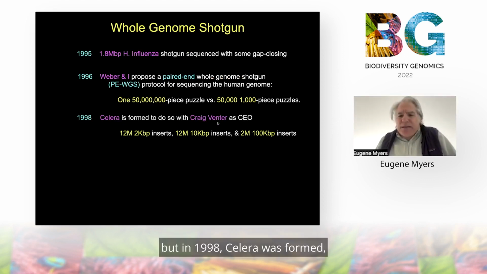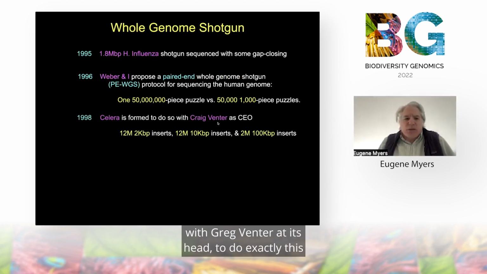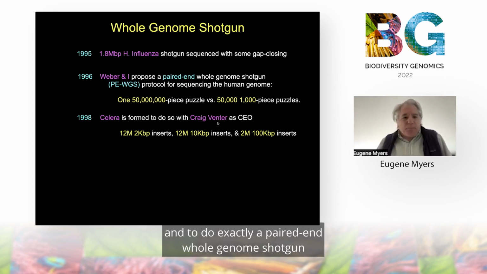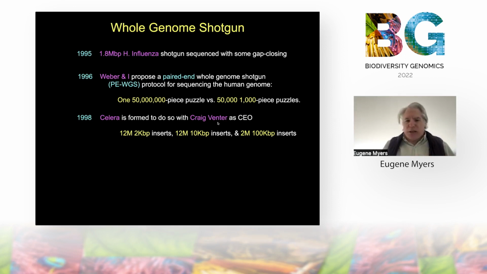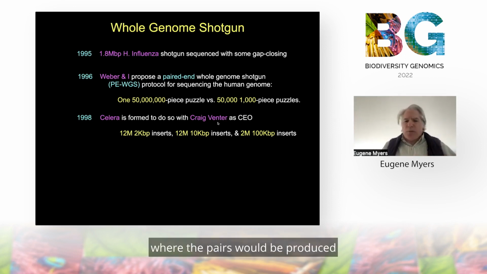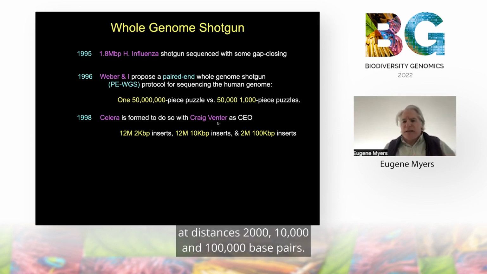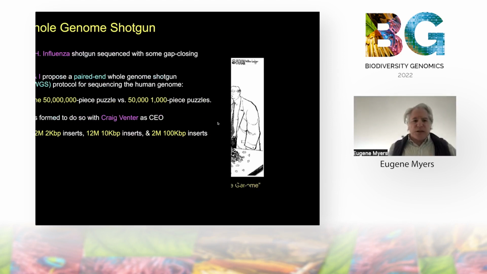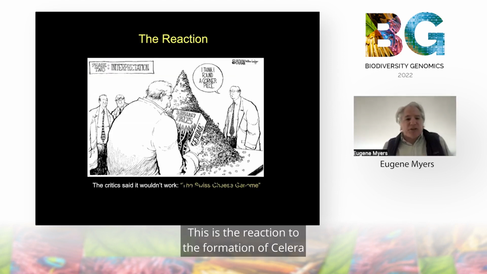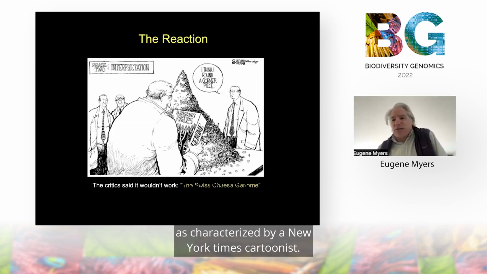But in 1998, Celera was formed with Craig Venter at its head to do exactly this, a paired end whole genome shotgun of the human genome, where the pairs would be produced at distances 2,000, 10,000, and 100,000 base pairs. This is the reaction to the formation of Celera as characterized by a New York Times cartoonist.